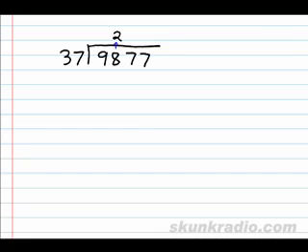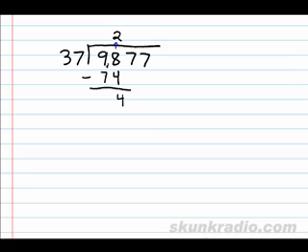Then I do this multiplication in parts. 7 times 2 is 14. I'm going to write the 4 down, and then carry a 1 here like that. And then 3 times 2 is 6, plus 1 is 7. I draw a line under it. I subtract. 8 minus 4 is 4.